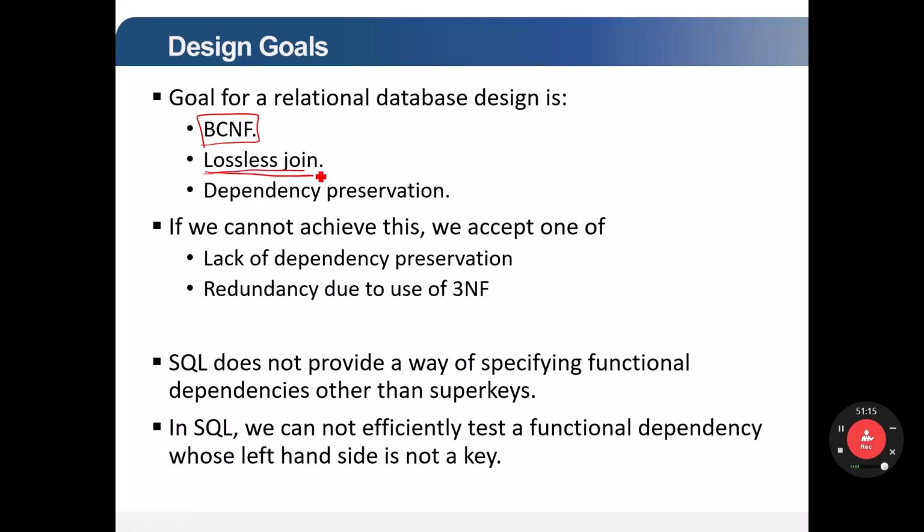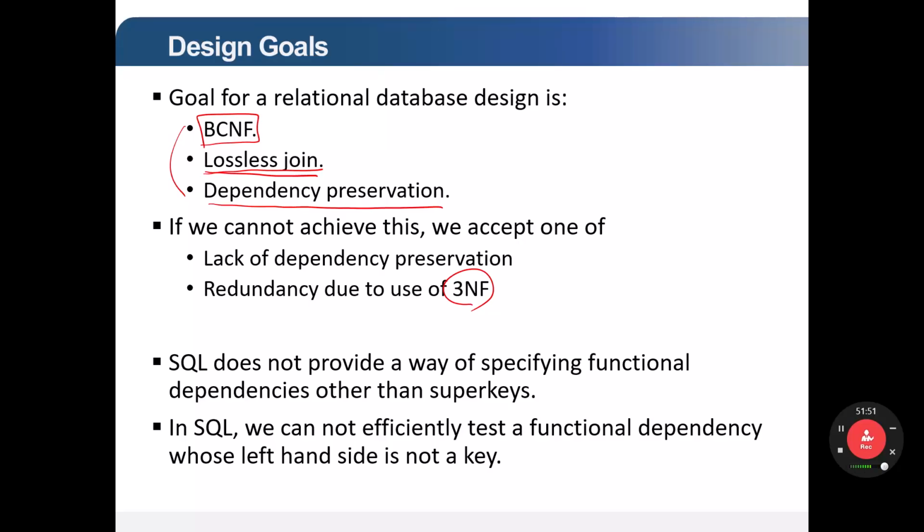Then we say your tables satisfy the lossless join condition. And also you should check you didn't lose any functional dependencies. So you shouldn't lose any meaningful functional dependencies in your decomposed tables. But if all these three goals are not satisfied, then you need to sacrifice storage space. You should allow redundant records and try to use 3NF.